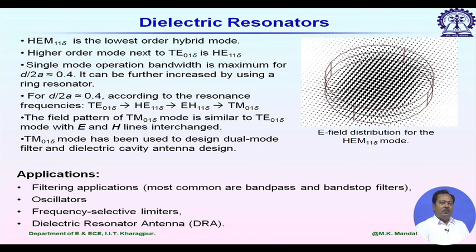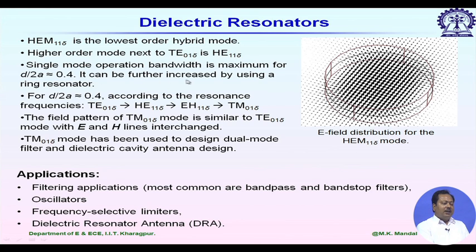So, we have to increase the separation between these two cutoff frequencies to increase the effective monomode bandwidth of any given resonator or guiding structure. And it can be shown that approximately for TE01 delta mode, it is maximum when d by twice a equal to 0.4.